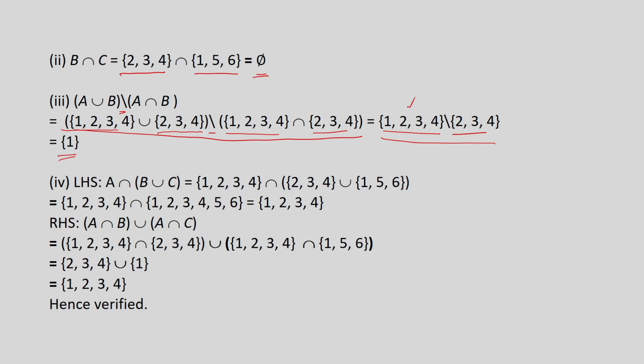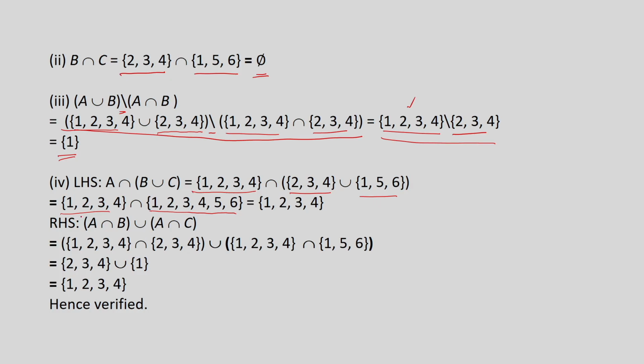A intersection B union C. A is known to us, it is 1, 2, 3, 4, and then intersection B 2, 3, 4 and union C, that is 1, 5, 6. And then in the next step A remains as it is, we take the union of 2, 3, 4 and 1, 5, 6, and that becomes 1, 2, 3, 4, 5, 6, right.